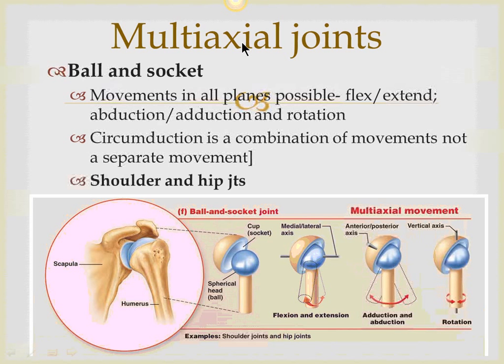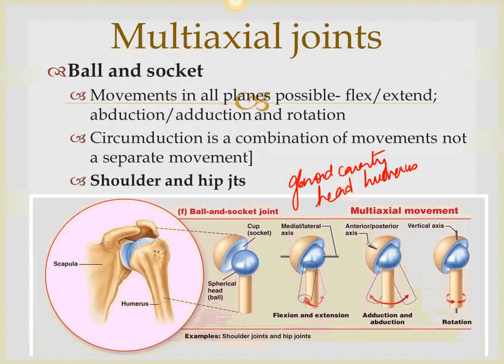So multi-axial joints are also called polyaxial joints, which are ball and socket, where you have a socket into which a rounded spherical head fits like this. This is a good example of a ball and socket. At the shoulder, if you remember, we had the glenoid cavity of the scapula, and fitting into it was the head of the humerus.